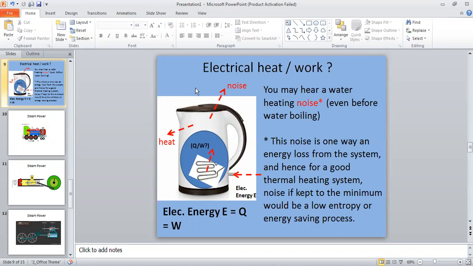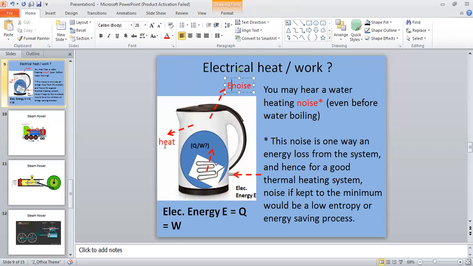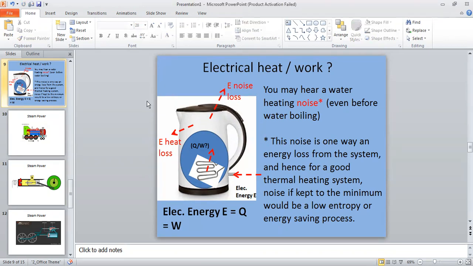So energy, noise, energy, heat loss. So noise loss. I have to minimize all. Interesting.